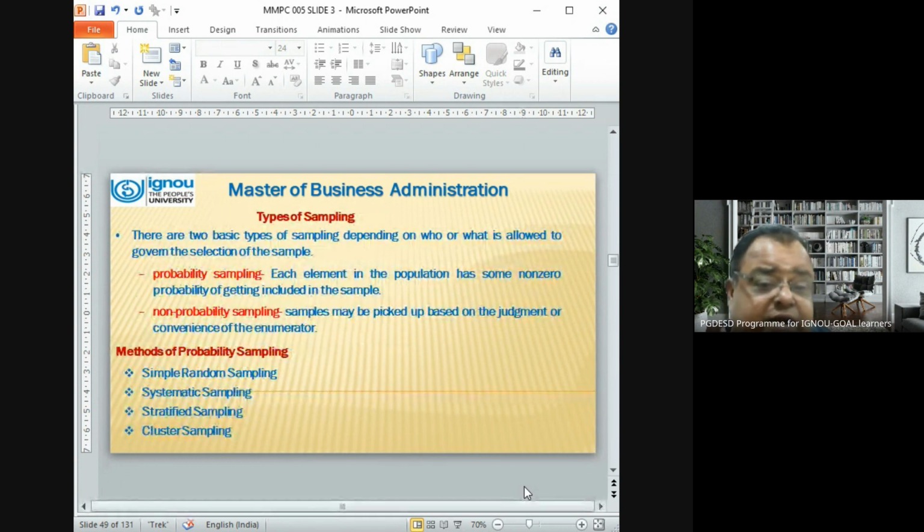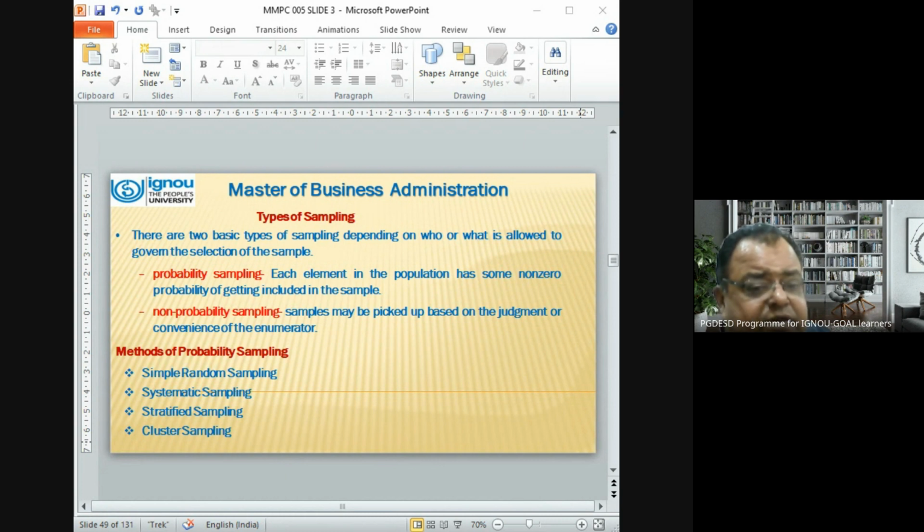Now, what are the different types of sampling? There are two basic types of sampling depending on what or who is allowed to govern the selection of the sample. The first one is probability sampling. Each element of the population has the same non-zero probability of getting included in the sample.